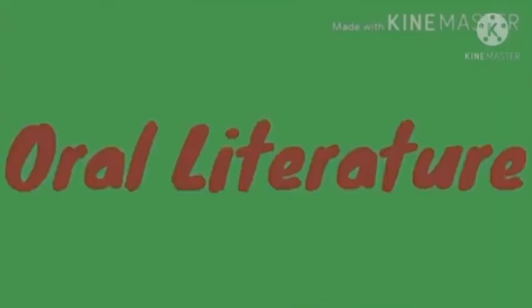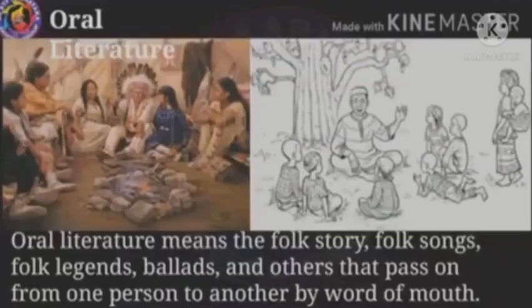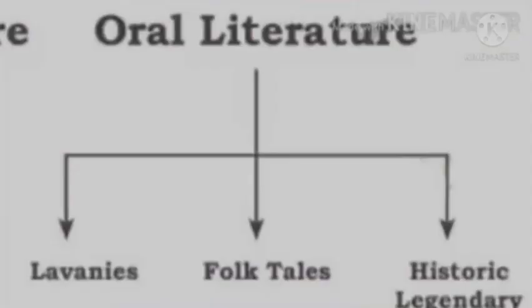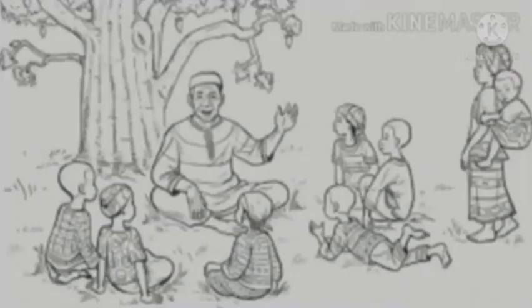Second form, oral literature. Oral means literature which is present orally. It is not in the form of writing. Oral literature means folk stories, folk songs, folk legends, ballads, and others that pass from one person to another by word of mouth.